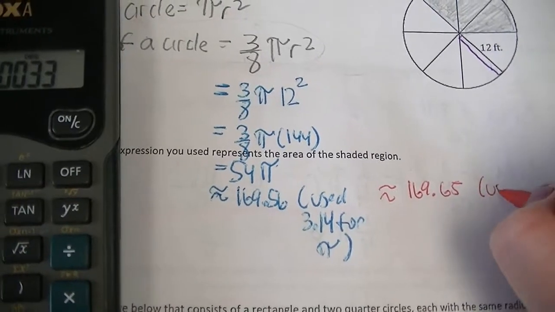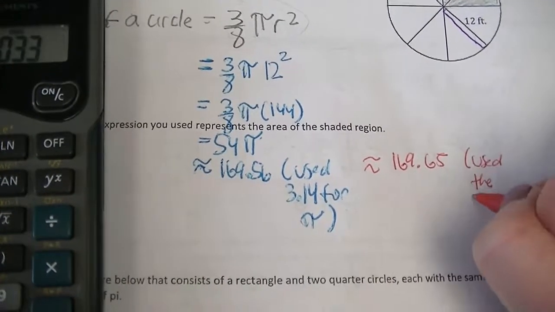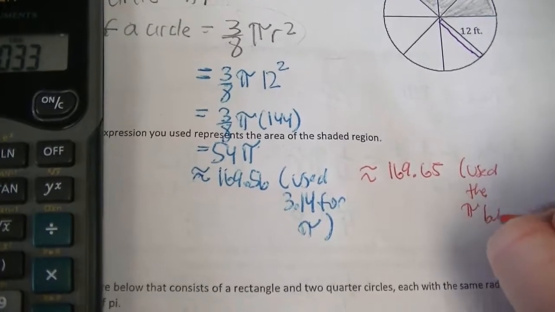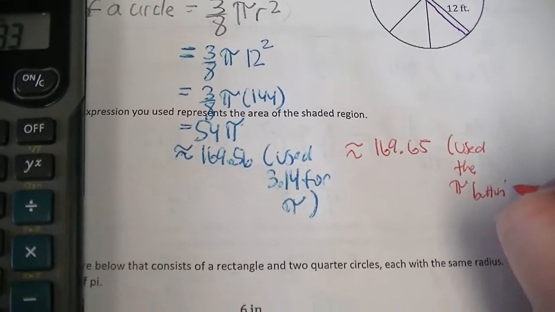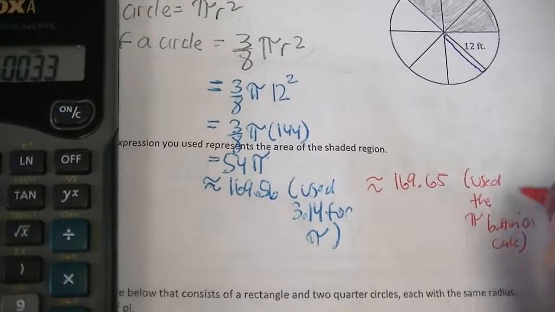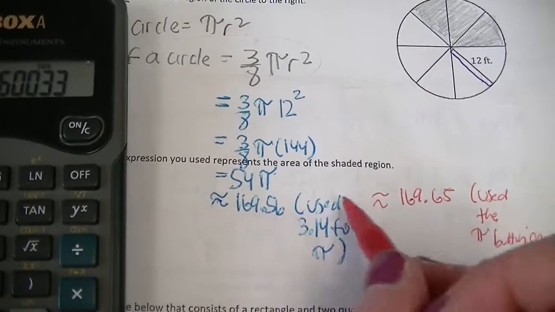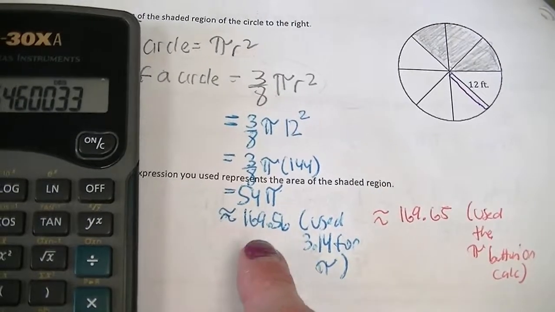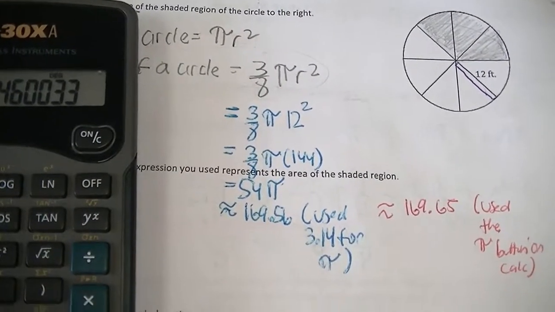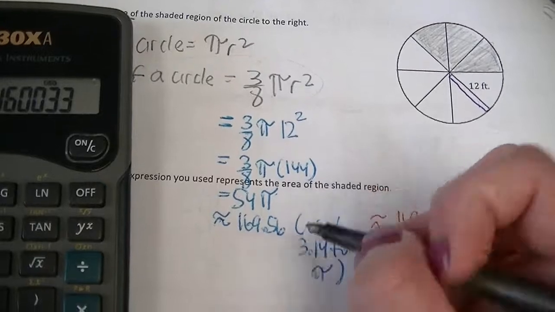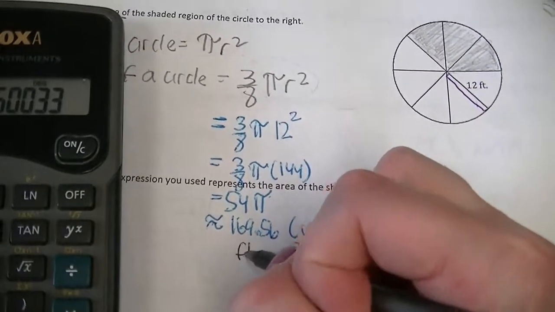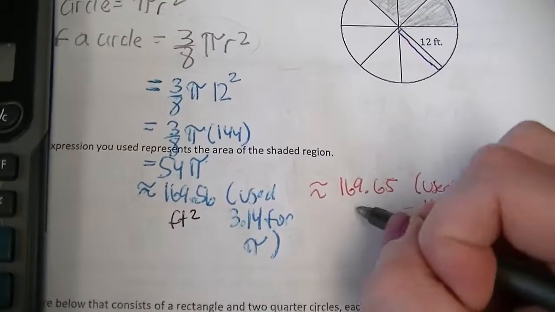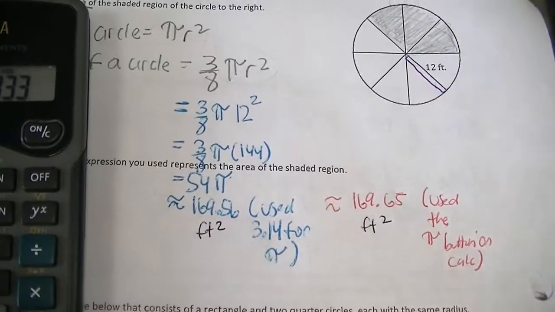And I used the pi button on the calculator. So see how they vary slightly. And I need to label that because it's area, and area is always labeled units squared, but in this case it's feet squared, or I could have said square feet.